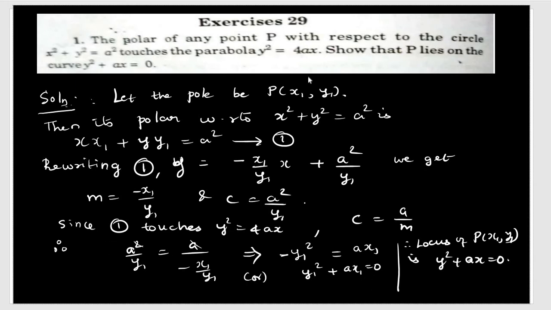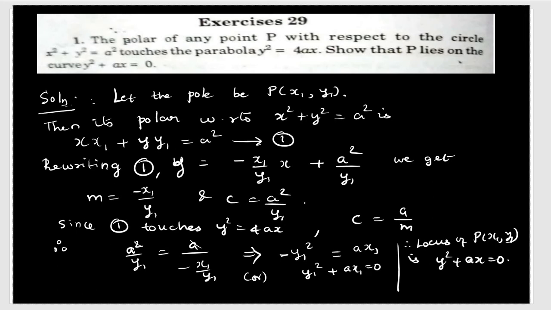But what we want is the locus. That is, you are asked to show that P lies on this curve, which is same as finding the locus of this. For finding the locus, we know that by just dropping the suffix we get the locus. So we have the answer to be y square plus ax is equal to 0.